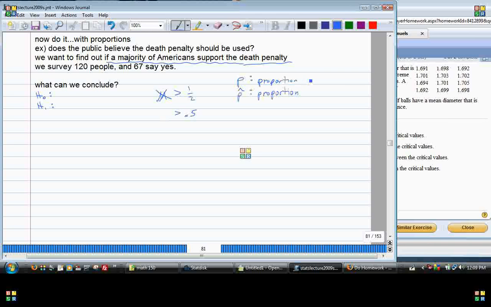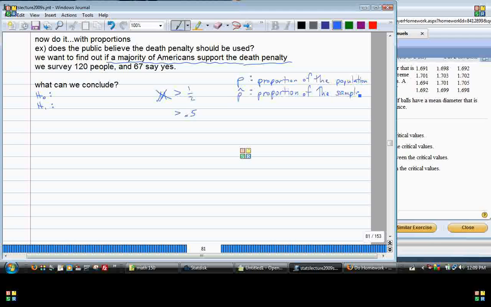One's for the sample and one's for the population. Which is which? The top one is what? Population. So P is the proportion of the population. Say that 10 times fast. And P hat is the proportion of the sample.